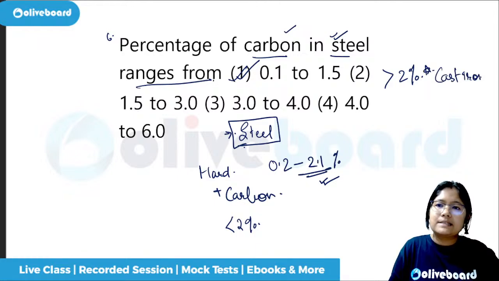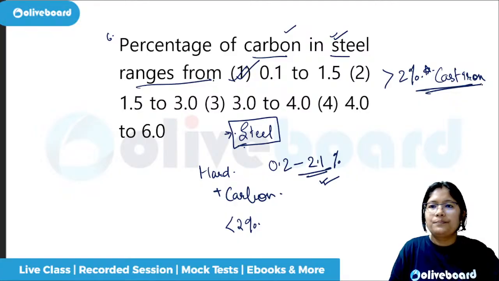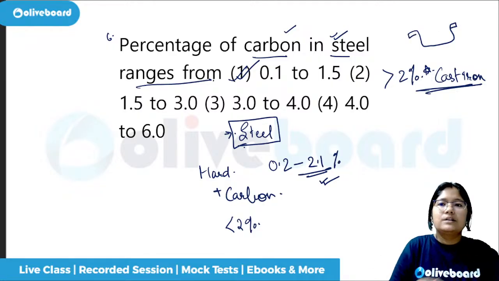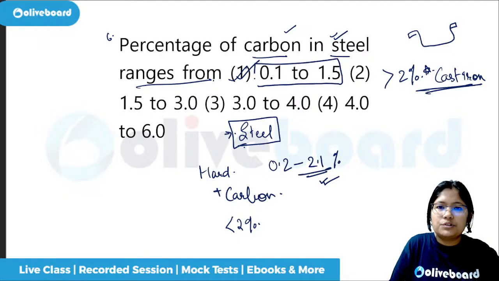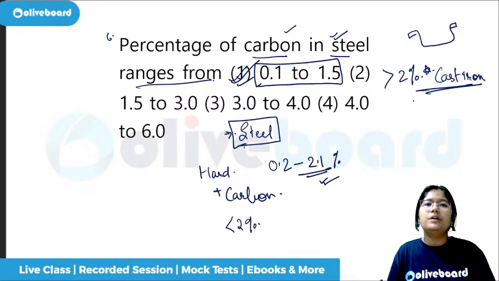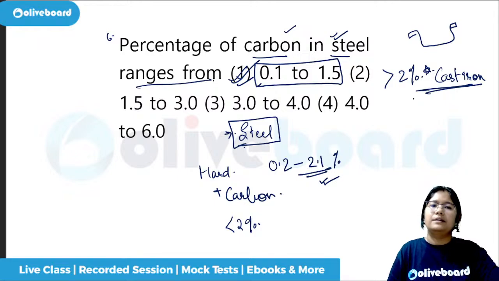Now, they are not asking about cast iron, right? Nowadays in the market there are different brands selling cast iron pots. It looks like iron completely, not like steel. So we have to remember that if the mixture is less than 2%, I have ticked that this is the most appropriate answer, because more than 2% it will become cast iron. All right.